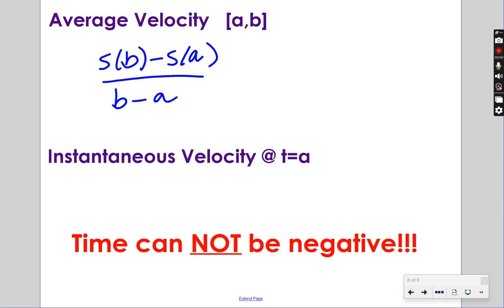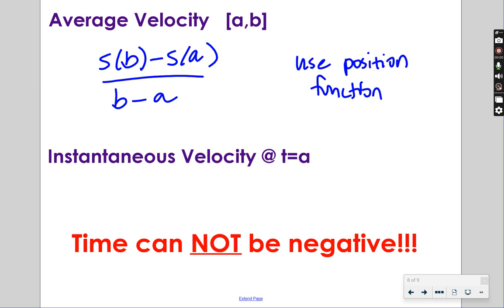That's just the slope formula, but you have to use the position function. Even though you're doing a change in distance over change in time, we're getting a slope, so that's how it's related to velocity. Average velocity is the slope formula.